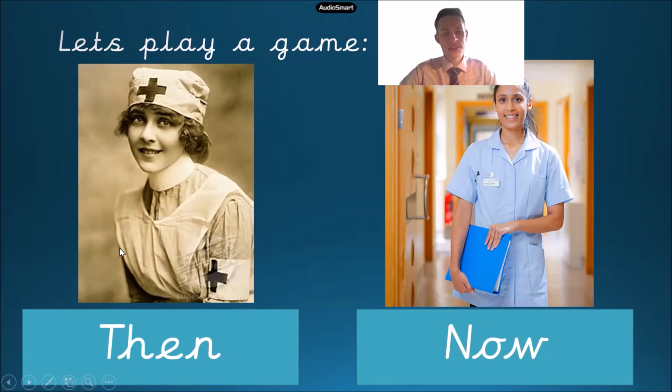And you can tell by this lady's clothes, she isn't dressed like she would be if she was a nurse today. She would dress like you were a nurse a long time ago. And that's what we're thinking about. This is our term's topic. You're thinking about what nurses might look like. So we're going to be thinking about two nurses in our topic. That's Florence Nightingale and Mary Seacole.